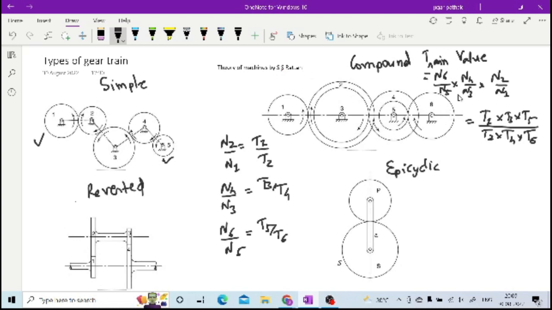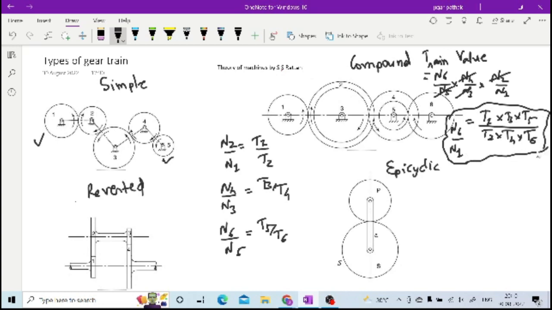Now if you observe here, 4 and 5 are on the same shaft, so n5 and n4 must be the same. 3 and 2 are on the same shaft, so n3 and n2 must be the same. So for compound gear train, the value n6 by n1 can be given by this equation, t1 t3 t5 divided by t2 t4 t6.